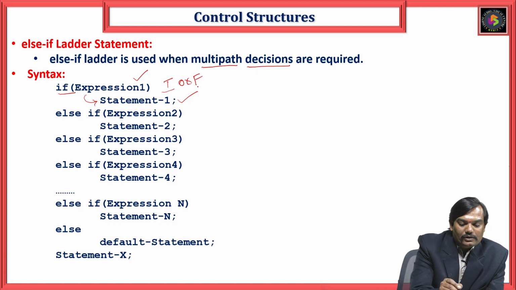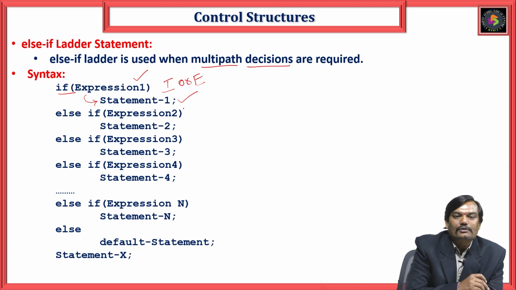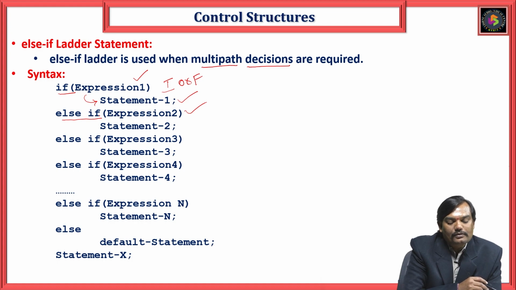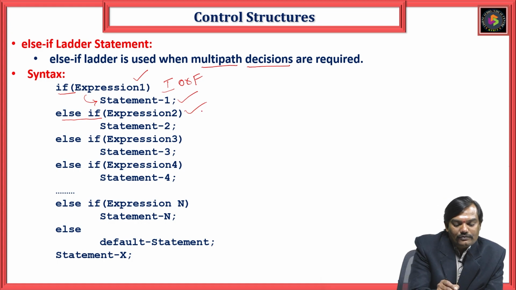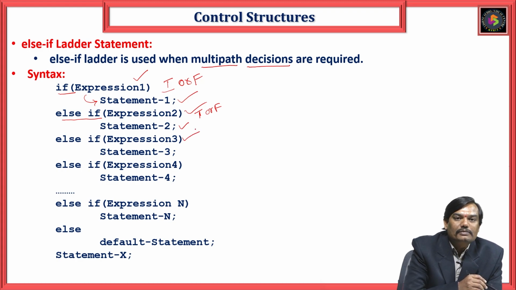If the expression is evaluated to false, the program will test the second expression given to the else if statement. Based on the evaluation of expression 2, the program decides whether to execute statement 2 in the else if block or travel to the next else if statement.